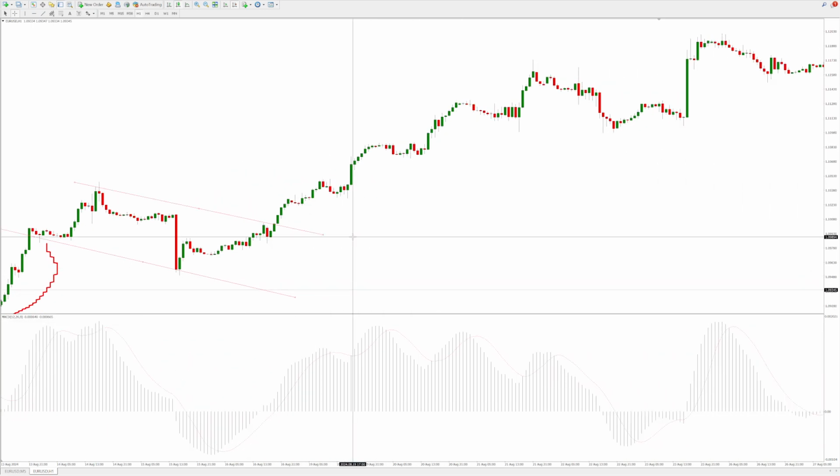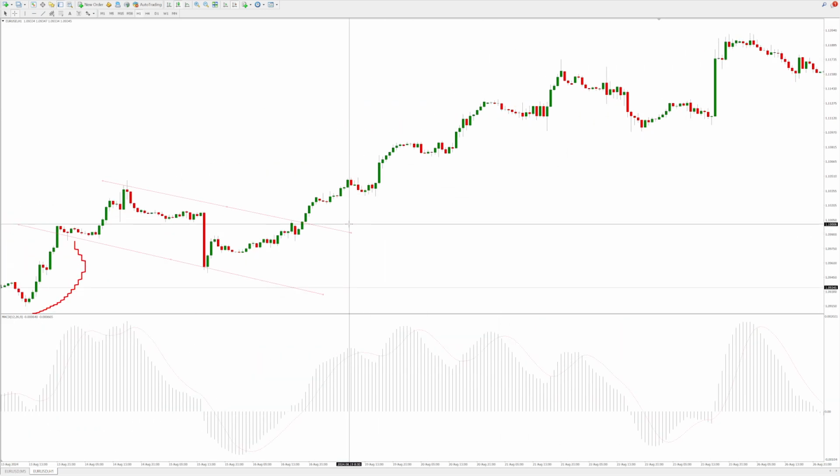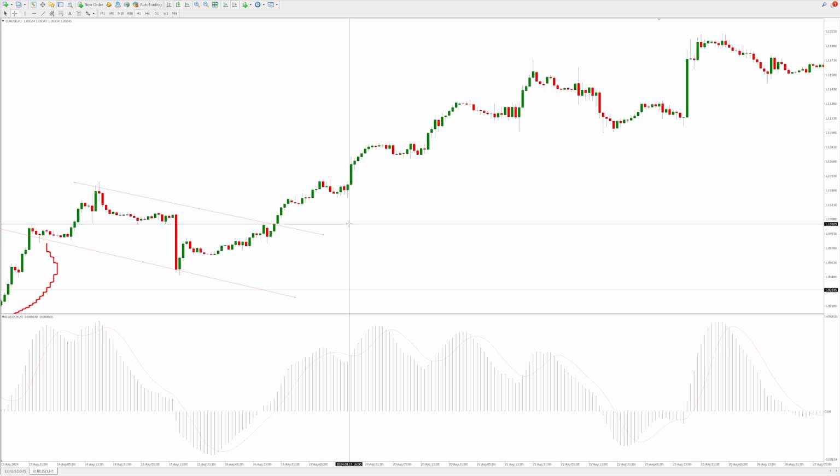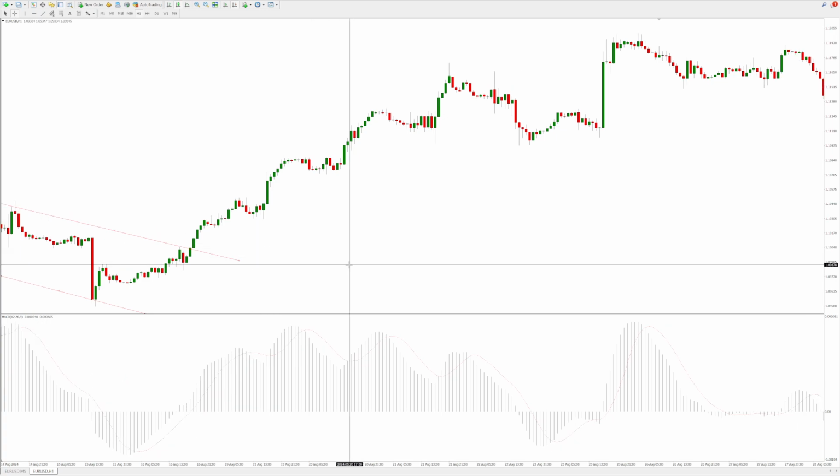Okay. The crossover there of the MACD was a good entry as well. There are just many ways you can filter your entry into the trend. You can see the MACD crossing below and then back above the signal line there. It's another entry opportunity, 70 plus pips.